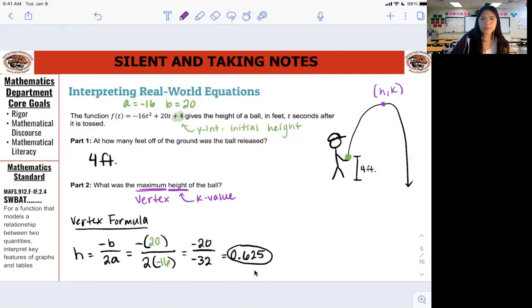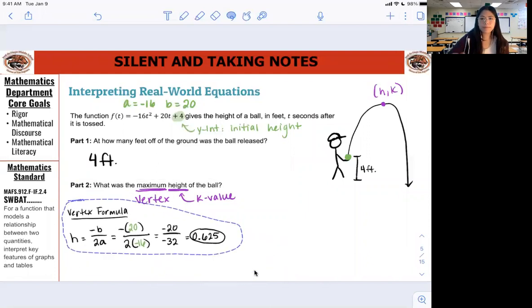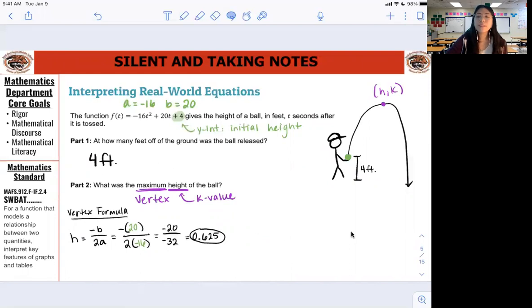What are the units? Chickens? Airplanes? What are they? Seconds. Not feet.